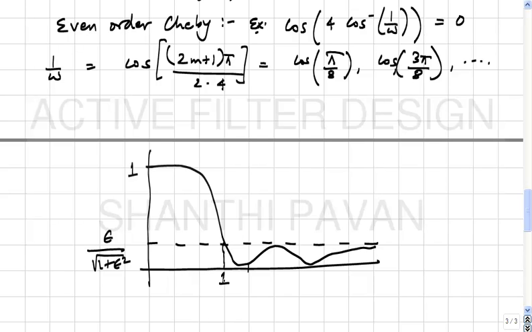The moment the physical dimensions of the components start to become an appreciable fraction of the wavelength of interest, you find that these classical elements 1 by sc and sl are no longer valid, because of distributed effects, and therefore these things don't really hold true.